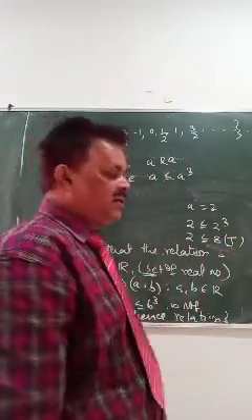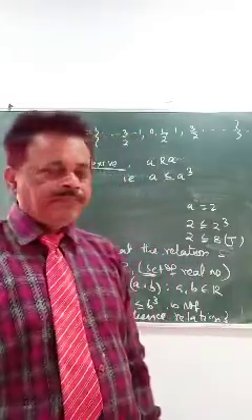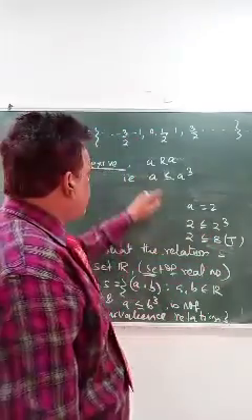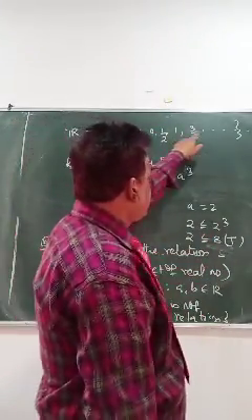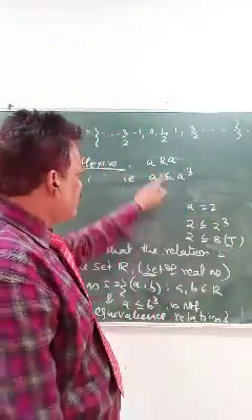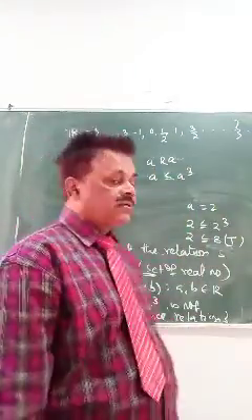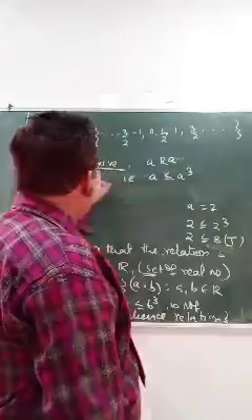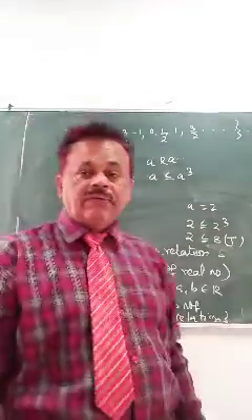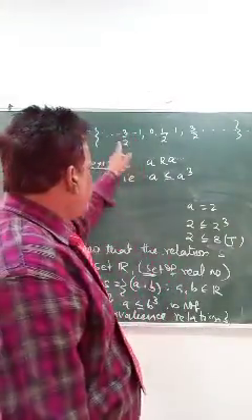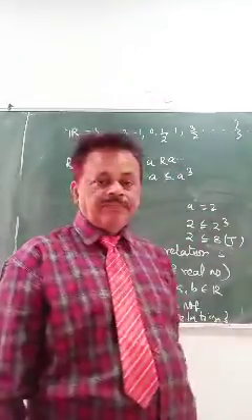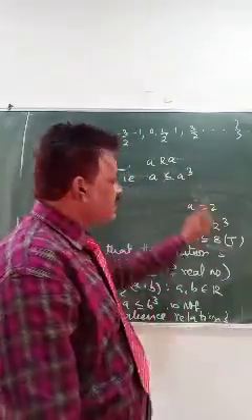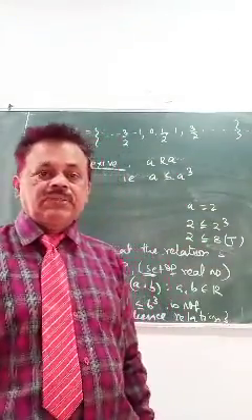So reflexive, that is not your conclusion. Your conclusion is, if at least one element is present here not satisfying this relation, then you can say it is not reflexive. Can you find any element here which is not satisfying this relation? That is what you have to search for every time.